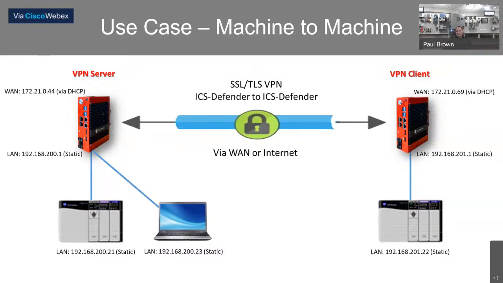In this example, this is accomplished by using one of the ICS Defenders as a VPN server and the other one as a VPN client. So this will allow us to securely communicate over the internal corporate network, or even out on the WAN between two physical locations.